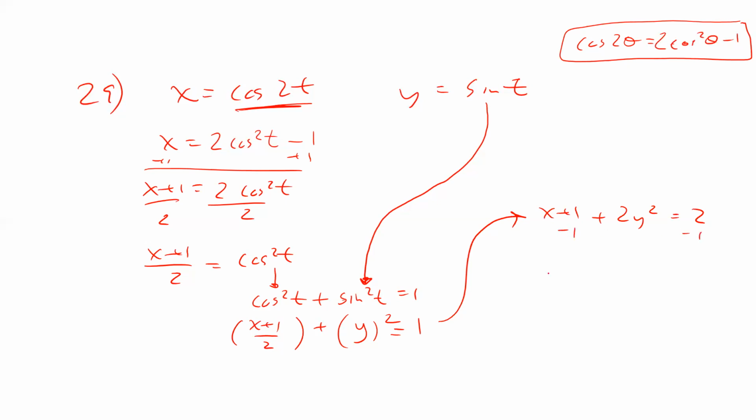So minus 1 gets me x plus 2y squared is equal to 1. I'm not sure if the back of the book wants to subtract 1 from both sides, make it set equal to 0. There will be a parabola at this point.